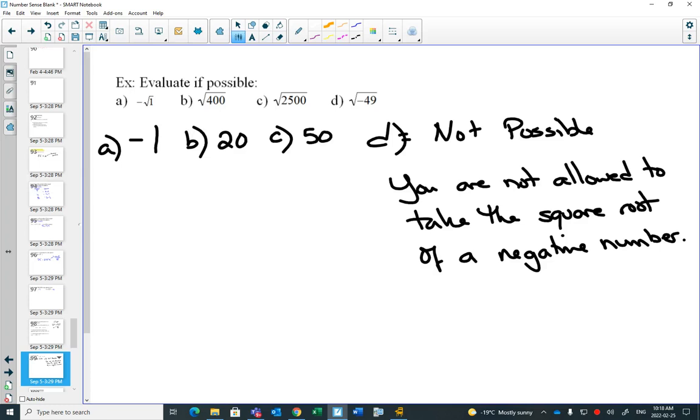We did this when we did our grocery store math, when we were organizing. There was a negative inside. You're not allowed to take the square root of a negative number. If you try it on your calculator, it will get mad at you and say error, or not in the real number system.